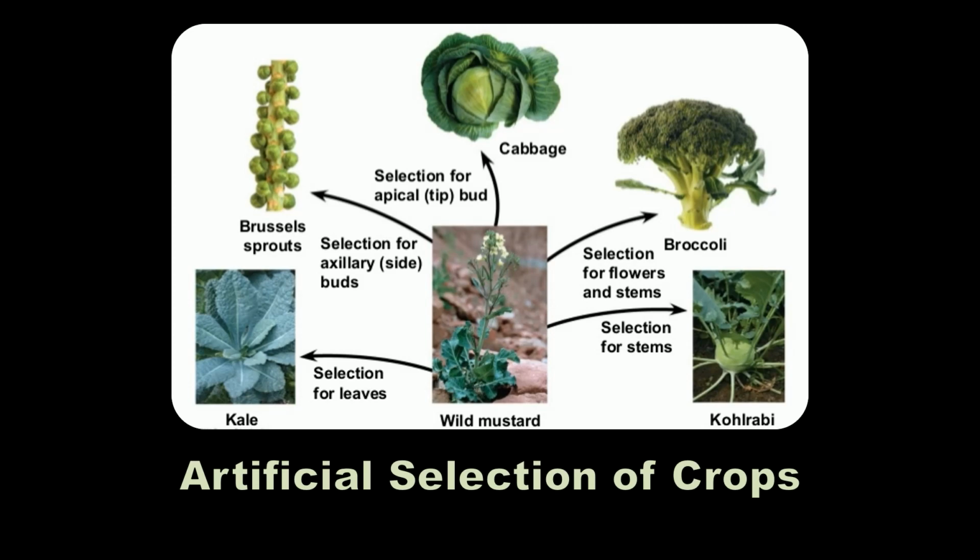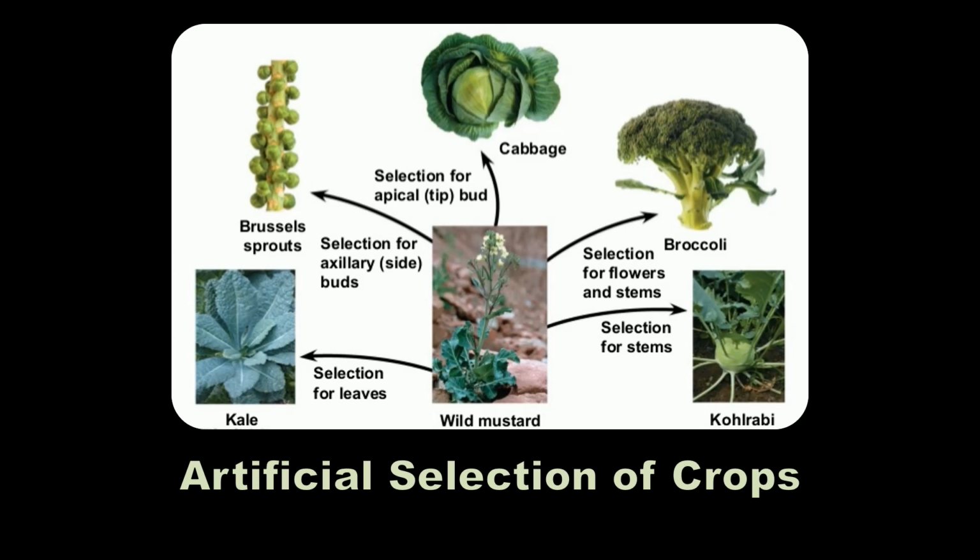So you have different portions of the plant, the leaves, the axillary buds, the apical bud, the flowers, the stems, and depending on which traits you want to be the largest, you just find the members of that population that already have the largest portion of that structure, and then you breed them together with other members that have a big chunk of that.